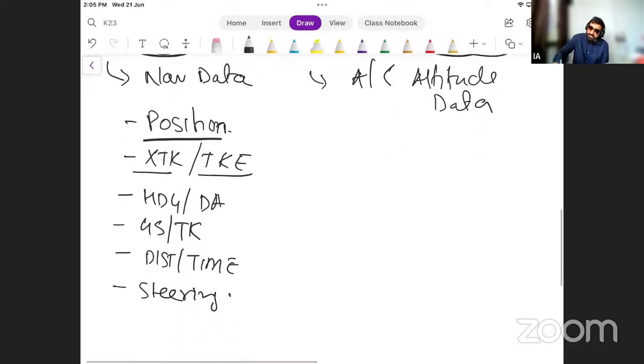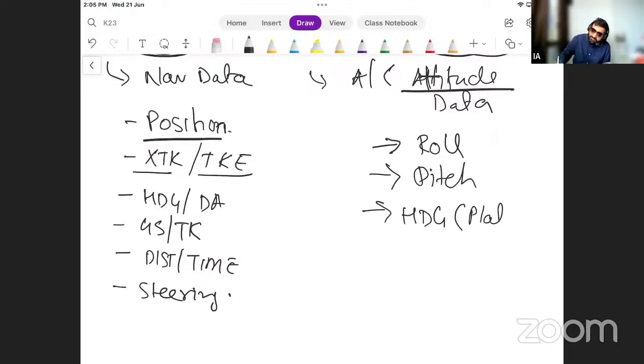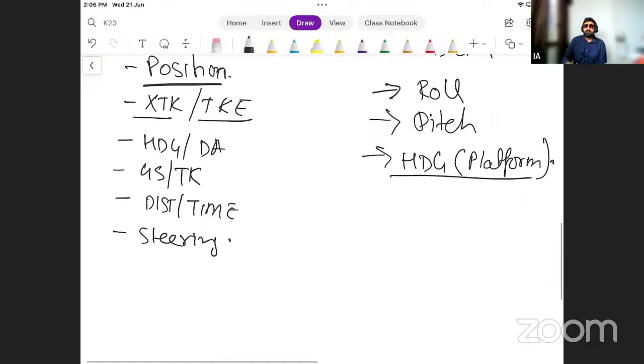When it comes to attitude data, whether there is pitching, rolling, we get the following information from an INS. We get roll, how much the aircraft is rolling. We get pitch, what is the pitch moment of the aircraft. And we also get the heading. Now the heading is of the platform. You will come across the term platform.